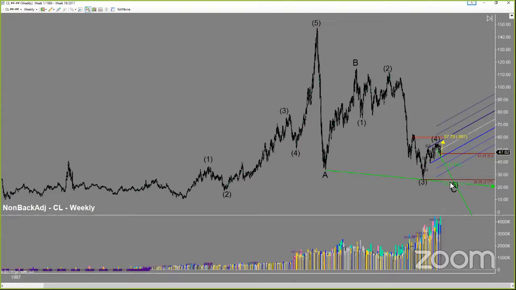So imagine the move back up. It's going to be pretty massive. Even if you don't try to hold for way up in here, you're talking at least 200 or 300% within just a couple of years, probably much more than that. So if we do come back down and make this fifth wave low, this is going to be just a picture perfect set of waves here. See what I mean?